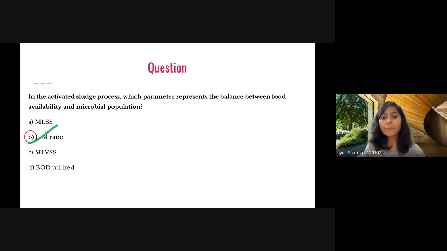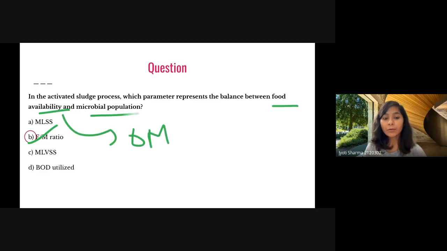So food availability comes from your wastewater, and microbial population growth depends on how much food they have. This can be balanced by the F and M ratio, and this is very important for us.